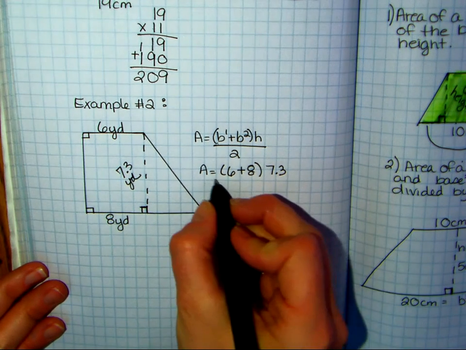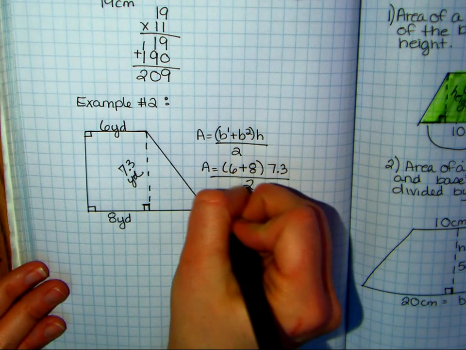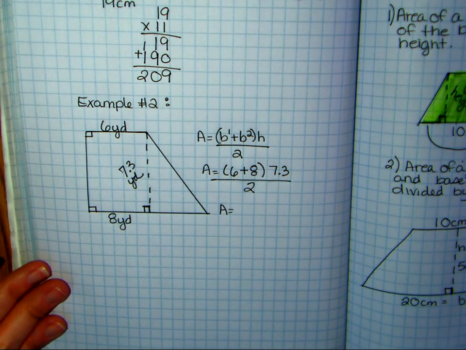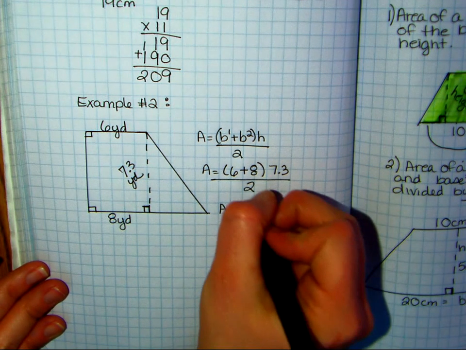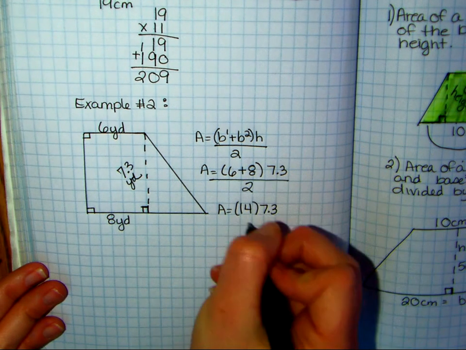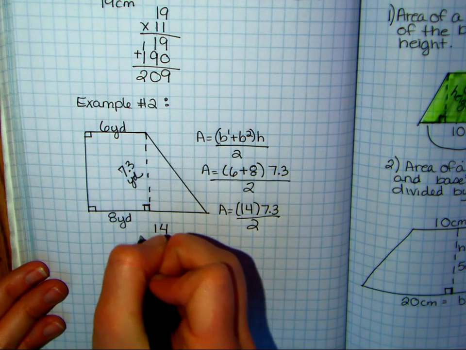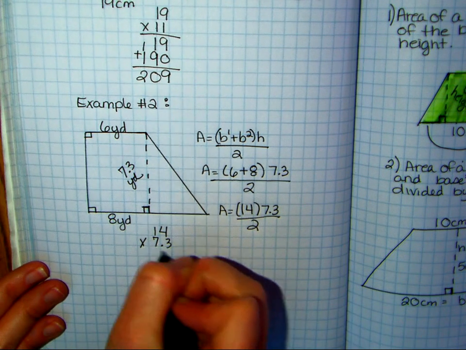And I'm going to divide that by 2. Following order of operations, 6 plus 8 is what class? 14. Multiply that by 7.3. Divide by 2.